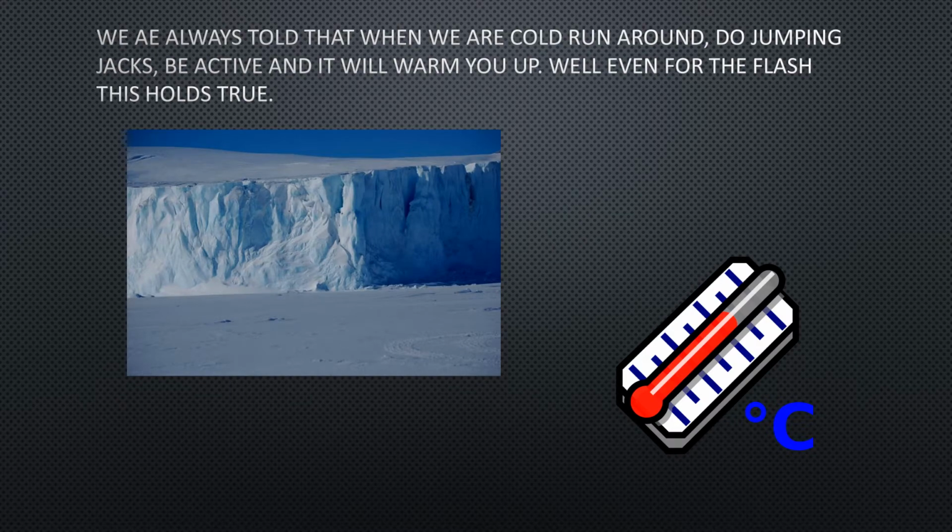So now that we've seen that as he runs faster, he gets warmer, another thing I wanted to look at was to see what happens when the environment is taken into consideration. In colder temperatures, if we were to assume that everything is atmospheric, the colder the air, the more dense it becomes.